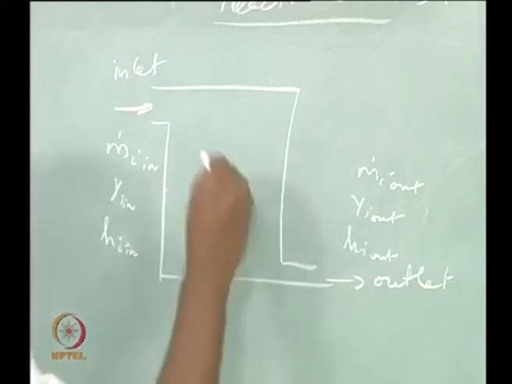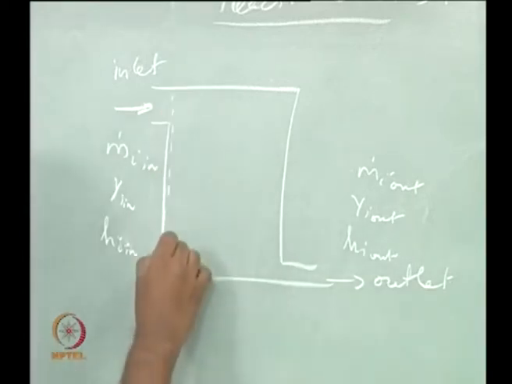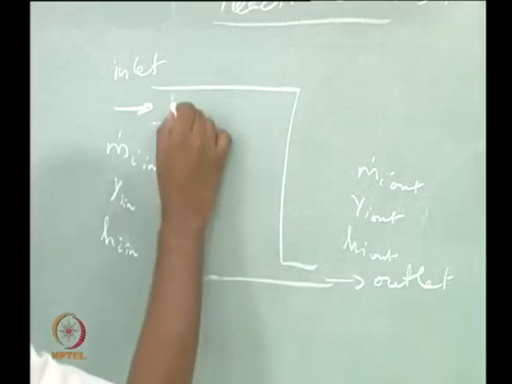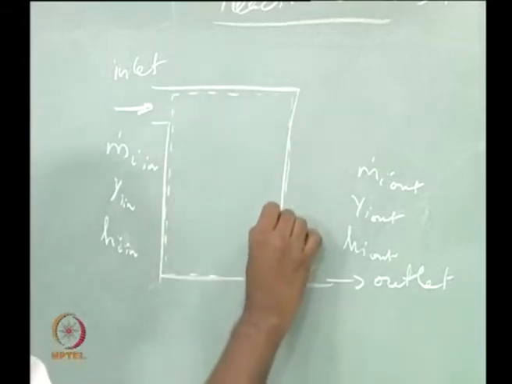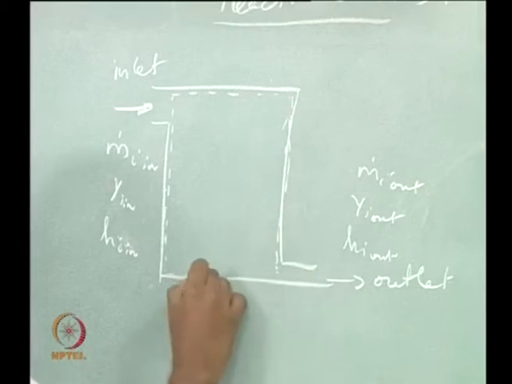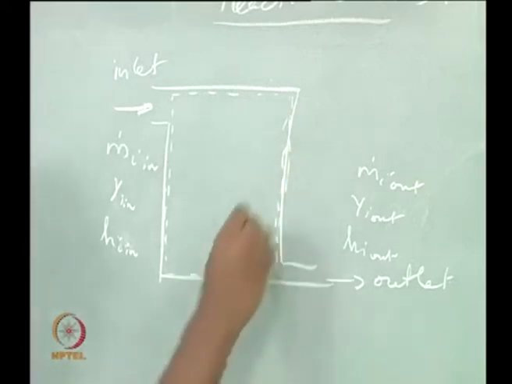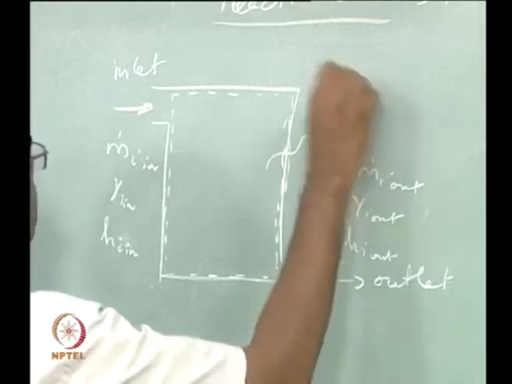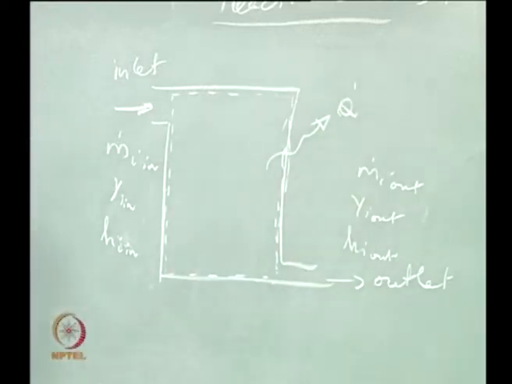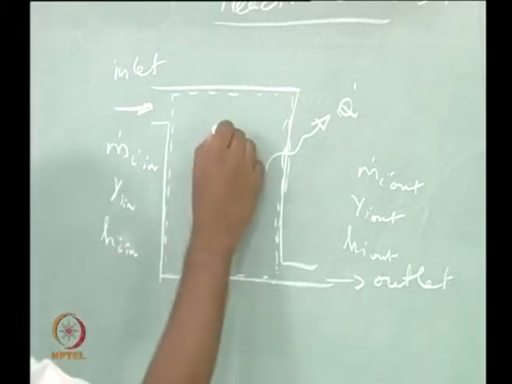You now have a control volume that you apply within this reactor, pairing the inlet and the outlet, and consider a q dot that would get out of this reactor with the following characteristics.